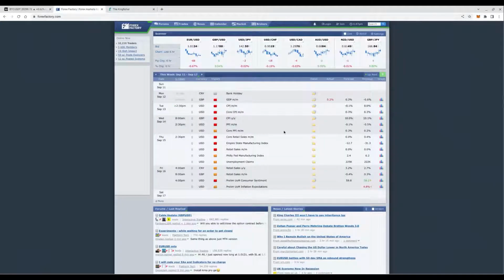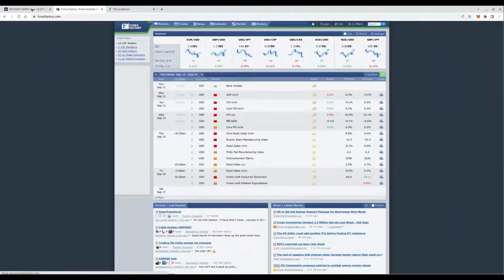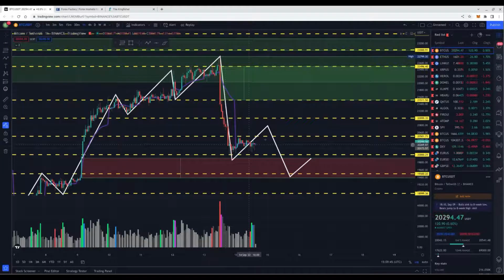The CPI numbers came out as expected from Britain, and also from the US the PPI numbers came out as expected. So the market has been quite slow today, which makes me believe that they want to see shorts coming in, which they can then liquidate and then reverse price down even lower. That is something that I'm looking at.